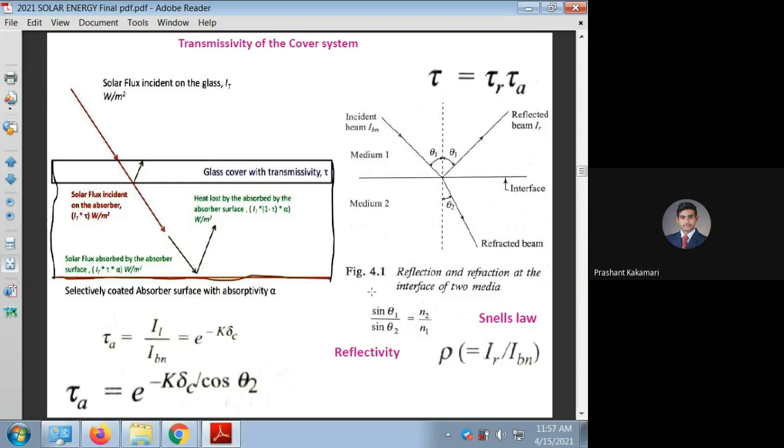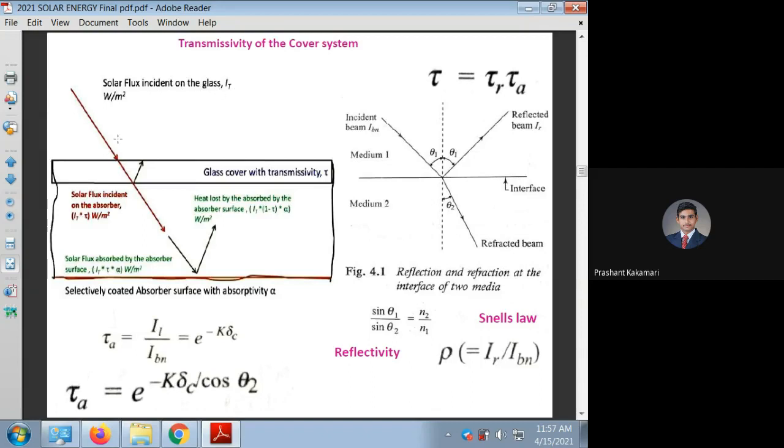Now here I have taken the example of a glass cover system. One glass cover is considered, with transmissivity tau. And what is this transmissivity? To understand this, we take the solar radiation, that is the total radiation including beam as well as diffuse radiation, which is passing through the glass.